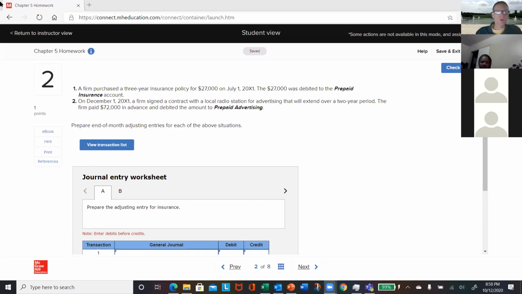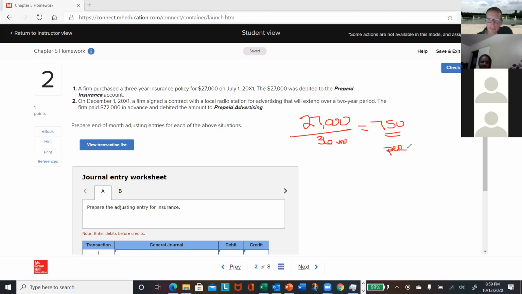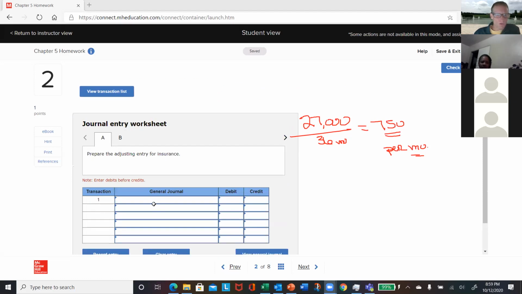Very good. So what you did, which is correct, is you would have taken $27,000 and divided that by 36 months, because it's 3 years, and you should have come up with $750 per month. Once you get that, the next question is what would be our adjustment?